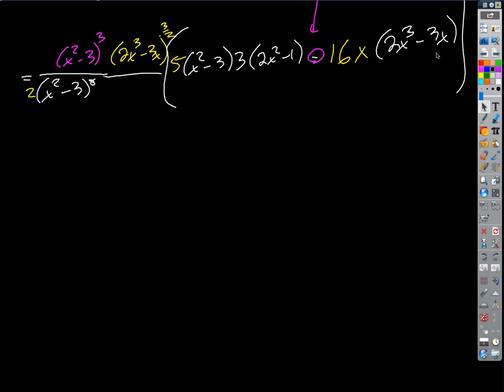I'd have a 2x squared minus 3, times 5 and 3, and 5 times 3 is 15. You did the same thing I did.